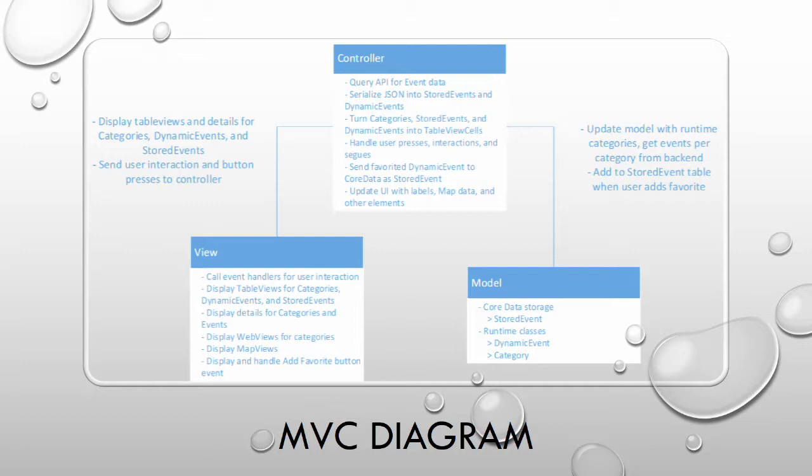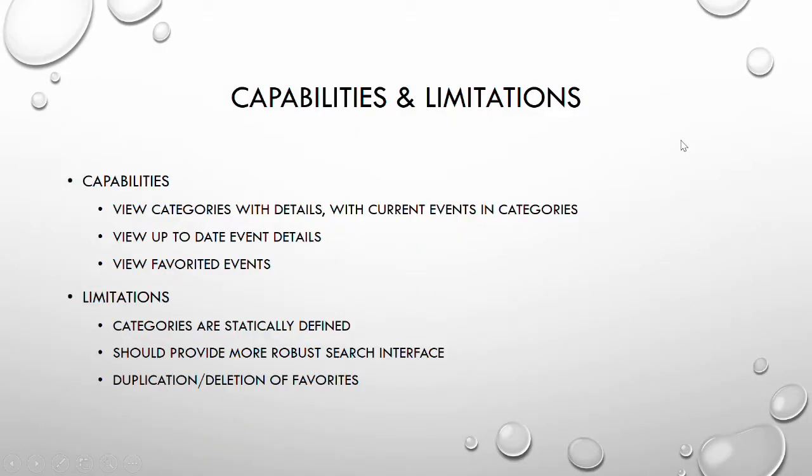On the model side, we have the core data storage, which stores the IDs of stored events for favoriting. We also have the runtime classes, which are the dynamic events that hold the titles, the URLs, the locations, etc., and then we also have categories. The controller is responsible for updating the model with the runtime categories and getting events for the category from the back end. It also adds to the stored event table when the user adds a favorite.